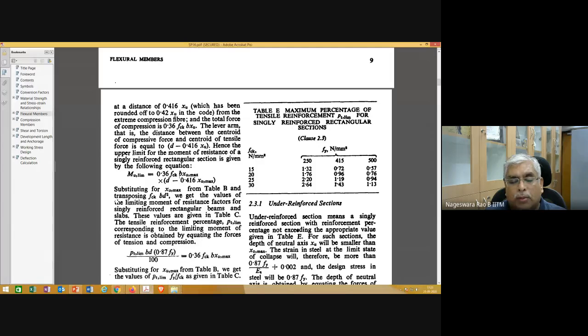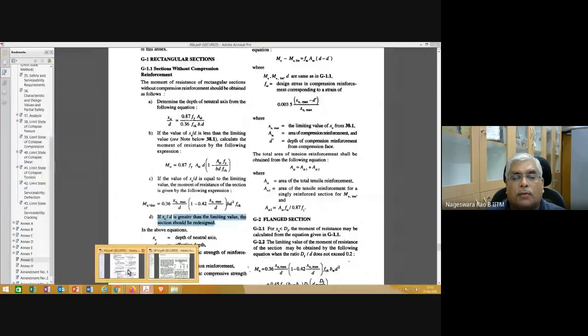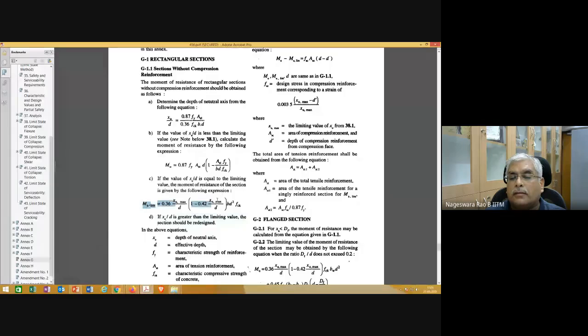If you do that, that is what is given in your IS 456. So wherever xu max is there, you try to make it dimensionless by dividing and multiplying with d, and you can bring the equation into this form. This is the moment of resistance of a balanced section calculated with respect to concrete in compression.